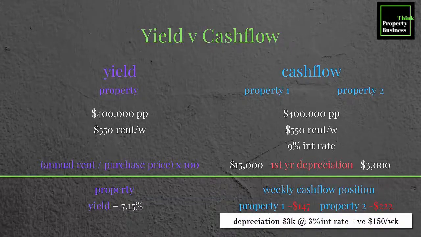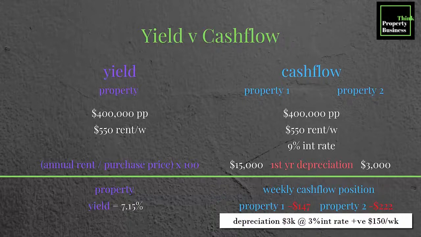Now, I just wanted to add in here, to show the effect again of a change in interest rate. Even if we consider the older property with the $3,000 first year depreciation figure, with an interest rate of 3% versus the 9% that we use in this example, that will increase the cash flow position of the property to a positive $150 a week.